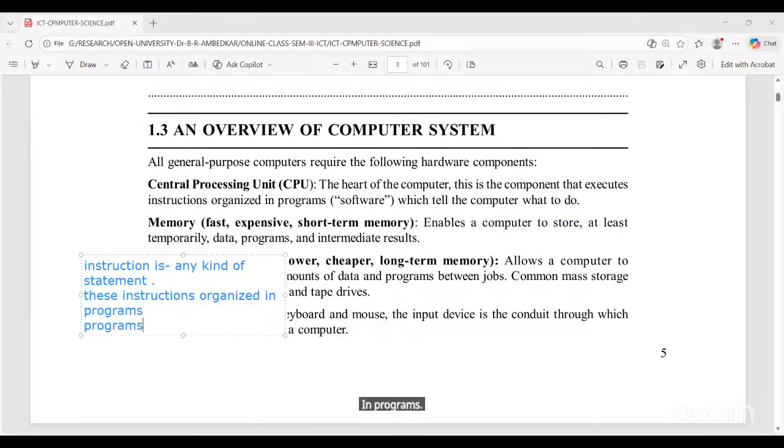Programs means a collection of instructions.